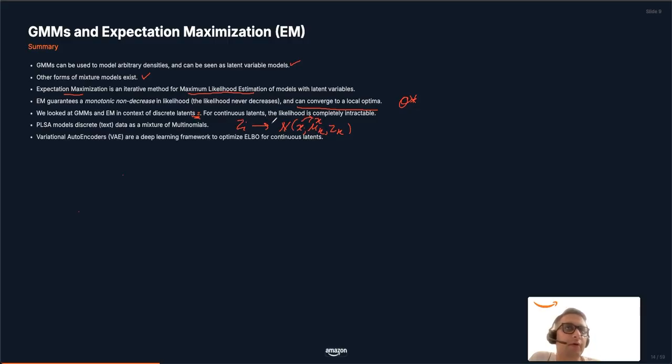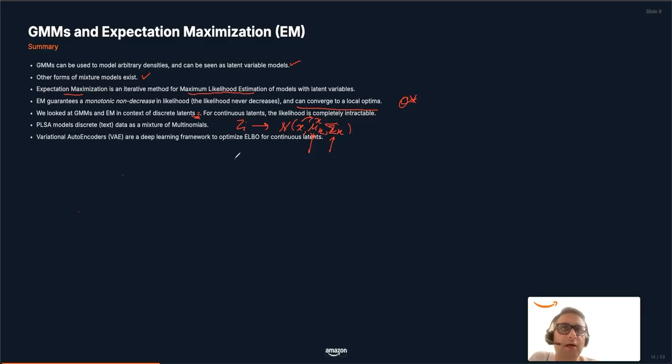With this kind of Gaussian mixture model and the EM algorithm, everything was completely tractable. In fact, you get direct equations to compute this mu_k, sorry, this covariance, and this one. So you get a complete equation to compute these in an iterative way.